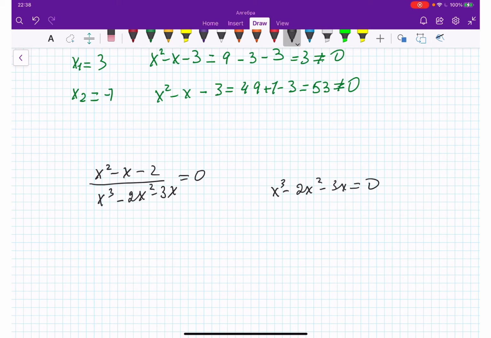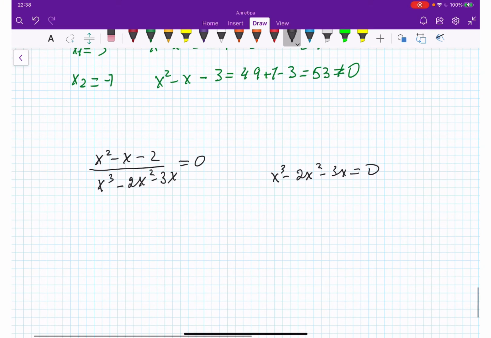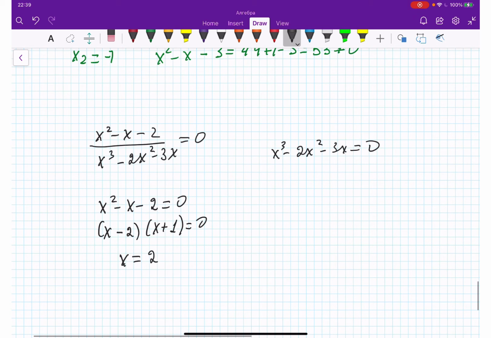You again have a choice to solve it, which is going to be a longer solution, or just solve the numerator and plug the answer into the denominator and see if it becomes 0 or not. That's the easiest way, I would say. So let's solve the numerator. x squared minus x minus 2 is equal to 0, so x minus 2 times x plus 1 is equal to 0, and x1 is equal to 2, x2 is equal to negative 1.